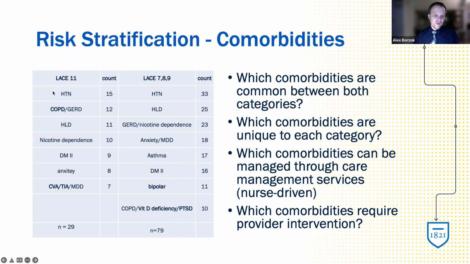Patients with a LACE score of 11 had a higher frequency of having COPD, CVAs, or TIAs listed in their population. That wasn't a part of the LACE score 7, 8, or 9 population. Also, I missed here, bipolar was a comorbidity of LACE score 7, 8, or 9 as well.